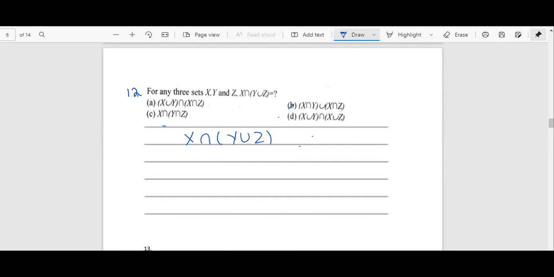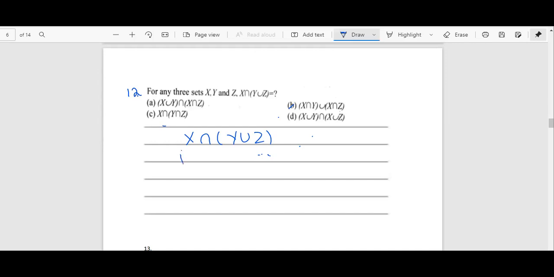Now think of X, Y, and Z as three sets, and just know that we have Y union Z. So Y union Z is going to have all the elements of Y and Z, and those elements which are repeated in both of these would come once only.